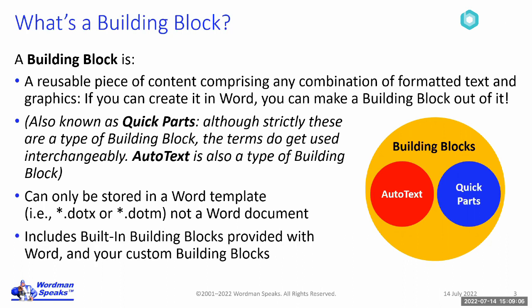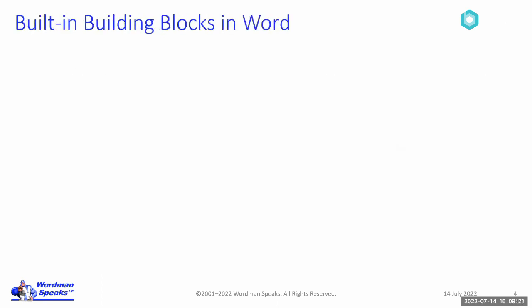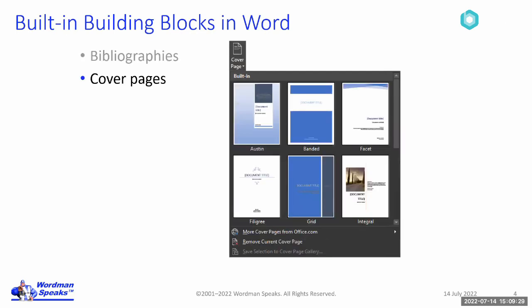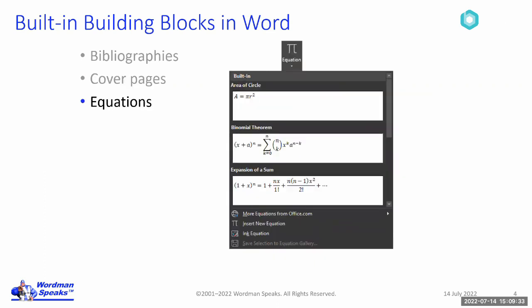Okay, you'll find in Word that a lot of the things where you go to Insert something are actually building blocks. They're built-in building blocks, and we'll have a look at those on the next slide. So what are some of the built-in building blocks in Word? Bibliographies, I'm sure we've all used that. I've never used it. Cover pages, those are all building blocks. Equations are building blocks.